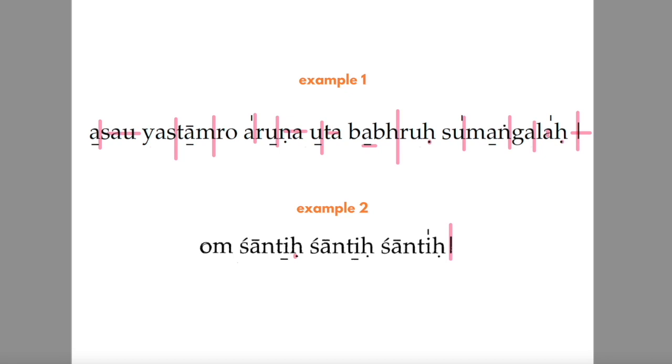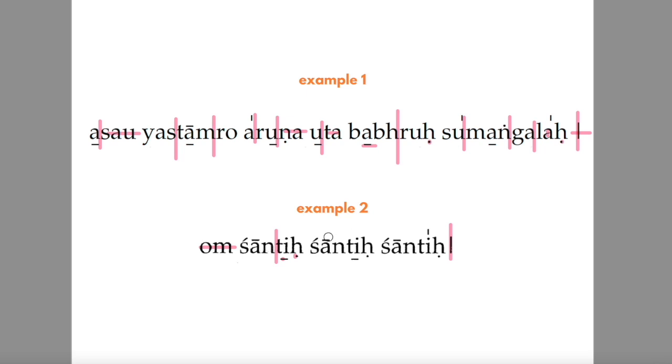From intonation, we can say that this is middle. Om. The H sound is there. There's a double A. Shan. That T sound is going low. There's a visarga. We look at the next sound, which is SH. So we say Om Shantish.